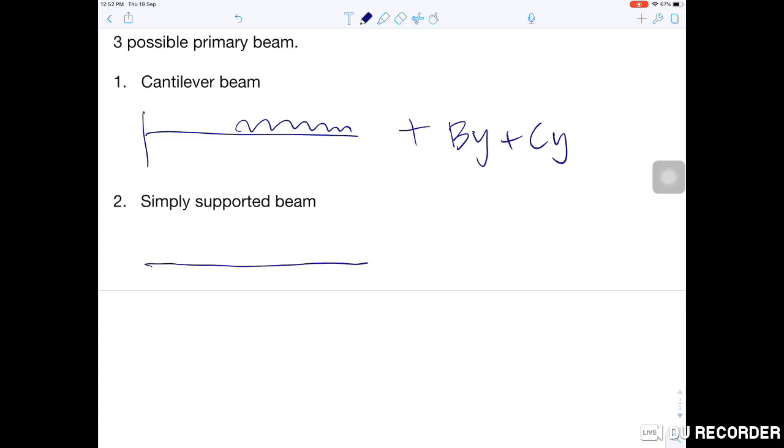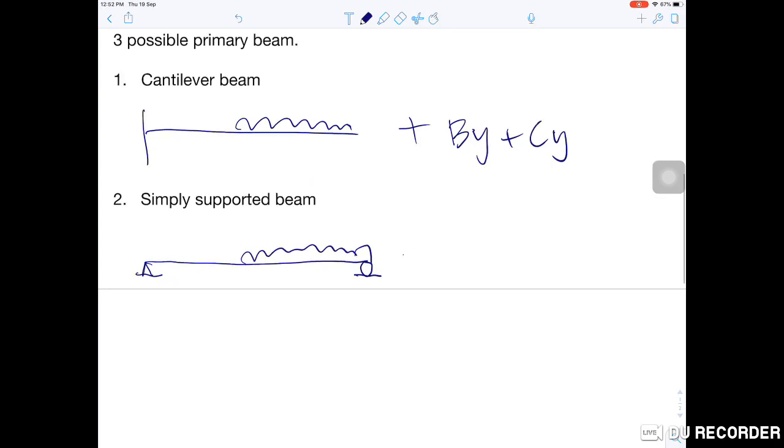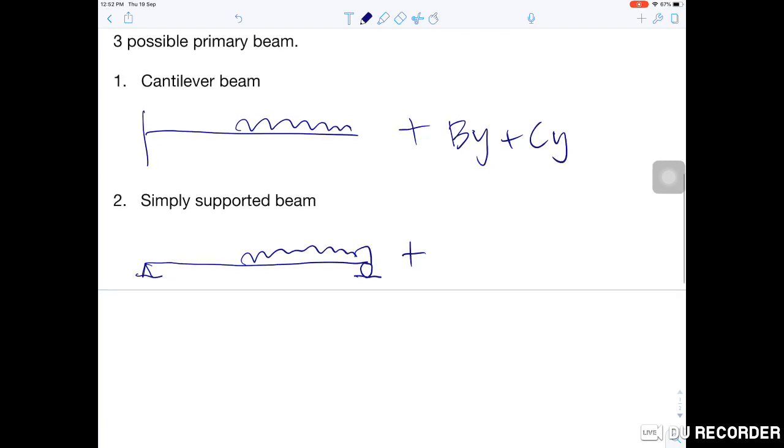At the fixed support we remove the moment so that the fix becomes a pin. So it is now a pin here. To get this primary beam, we remove MA and BY. This is the second possibility.